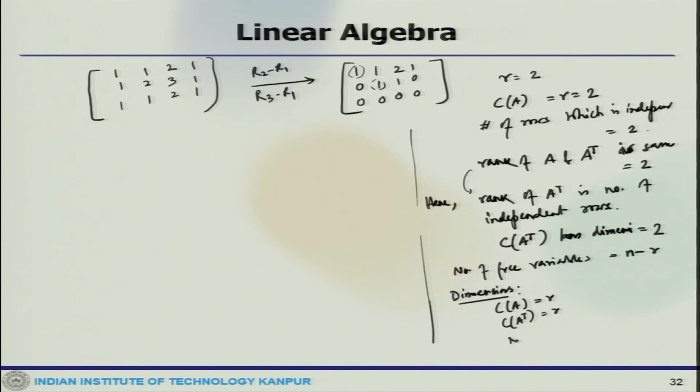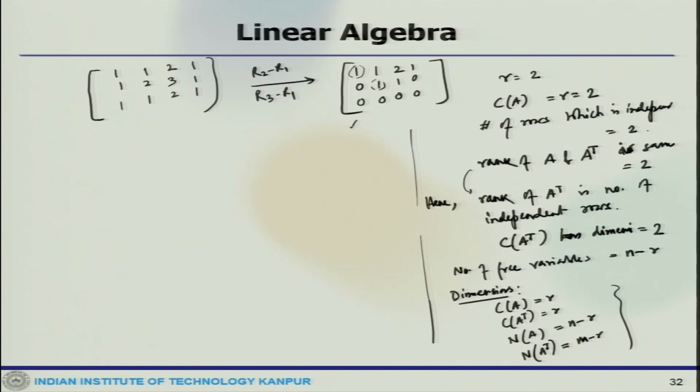Now, the dimension of the null space of A, which is the number of free variables, is n minus r, and the dimension of the left null space, or null space of A transpose, would be m minus r. So, these are the 4 fundamental subspaces and their dimensions that one can find.